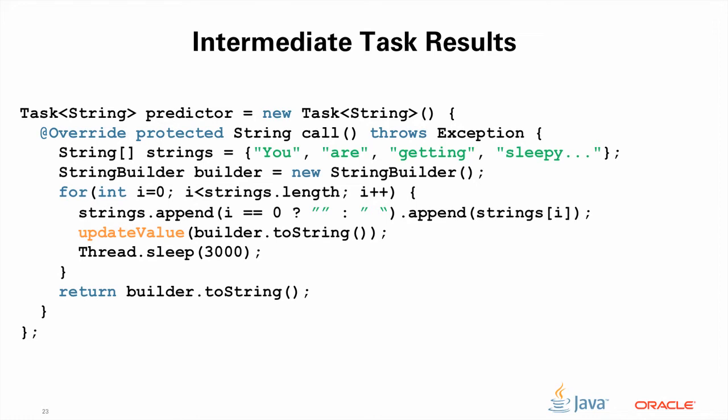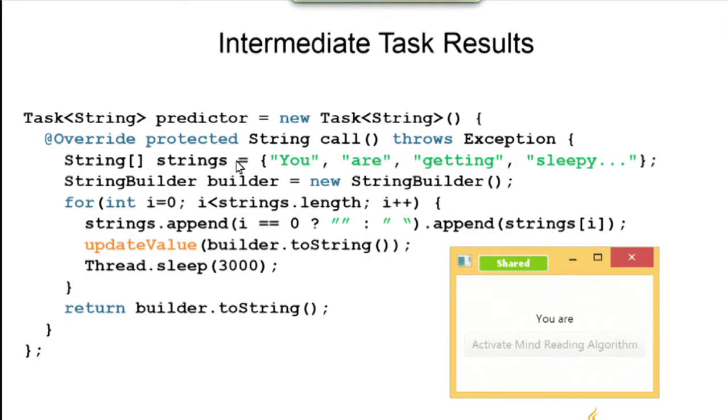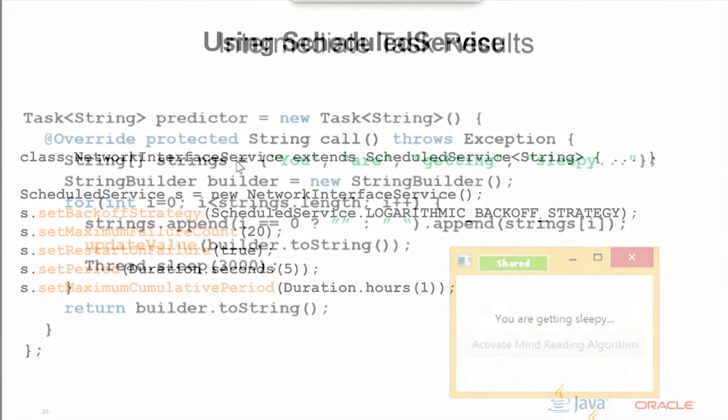The code that you see here is behind this demo that you'll see. So when I press the activate mind reading algorithm, you'll see that the update value method updates the value in the task so that it can be seen immediately. So every 3 seconds, we see the words "you are getting sleepy" added.